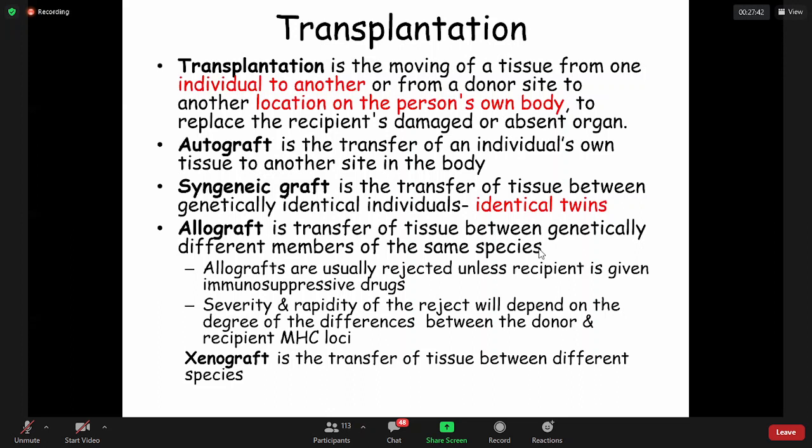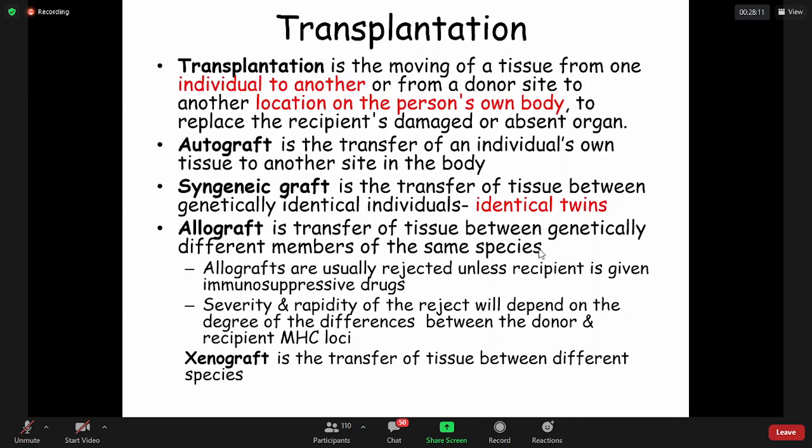The other one is called a syngeneic graft, which is basically a transfer of tissues between individuals who are genetically identical. Here we have identical twins. Of course, these are not very many because we don't have so many identical twins. The commonest other grafts are the allograft, which is a tissue transferred between two individuals of the same species.